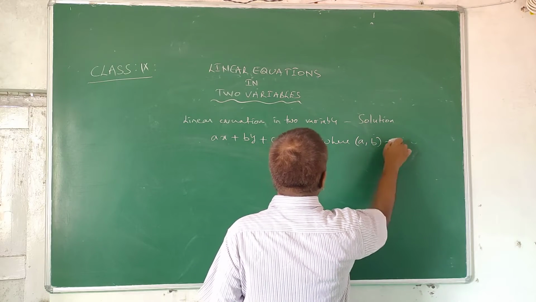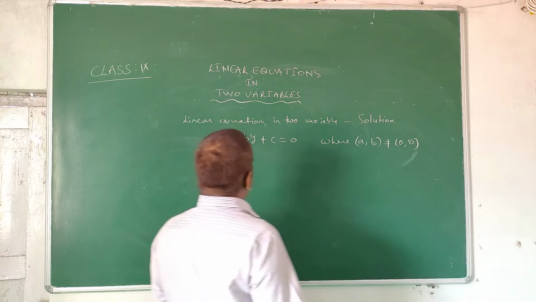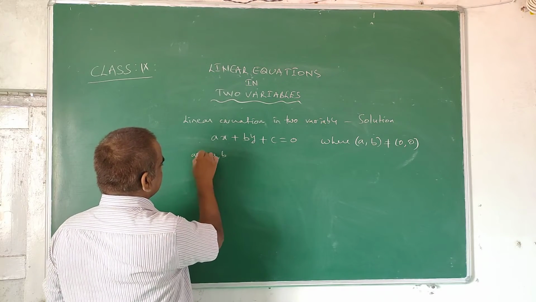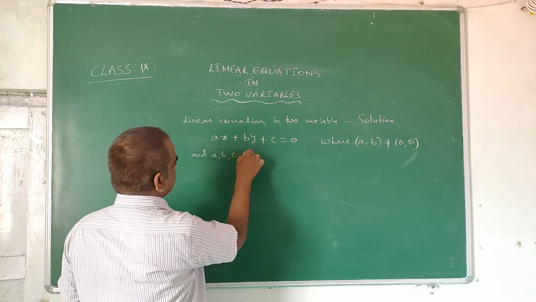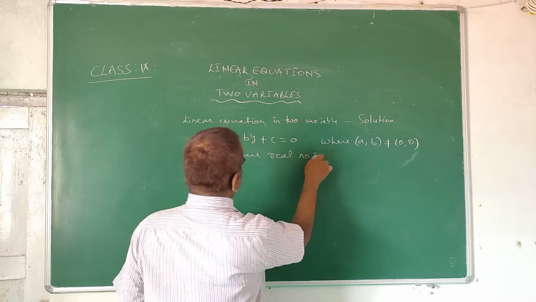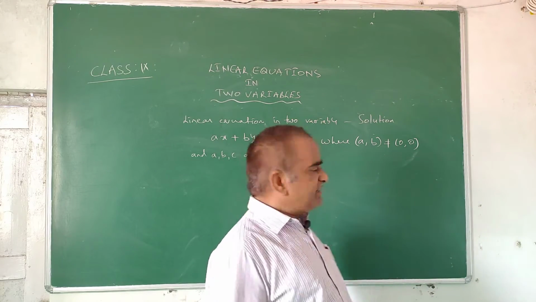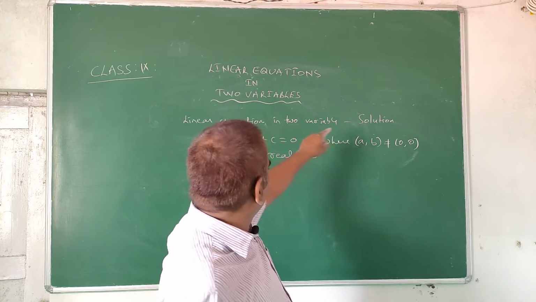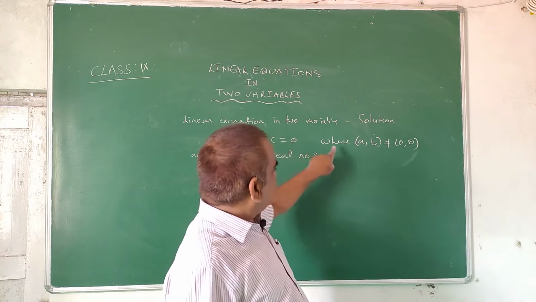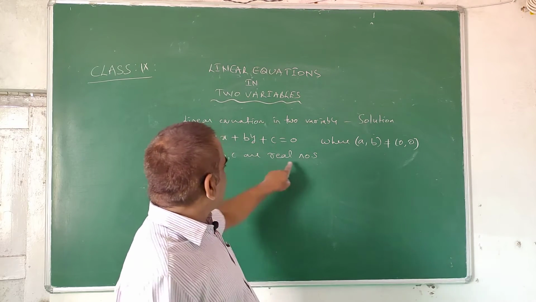So a and b should not both be zeros, and a, b, c are real numbers.